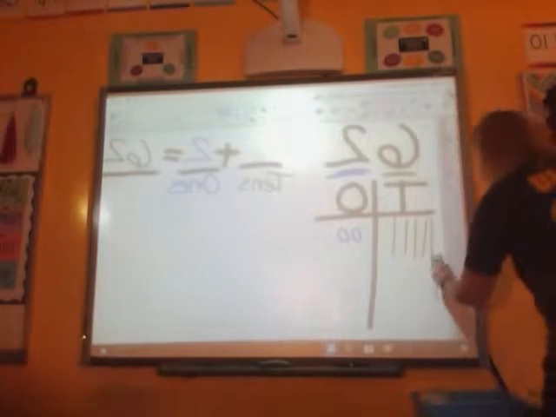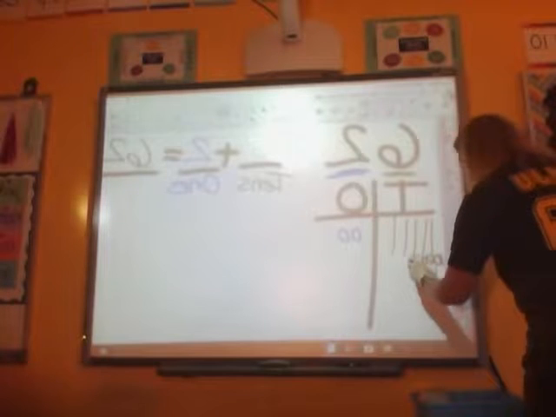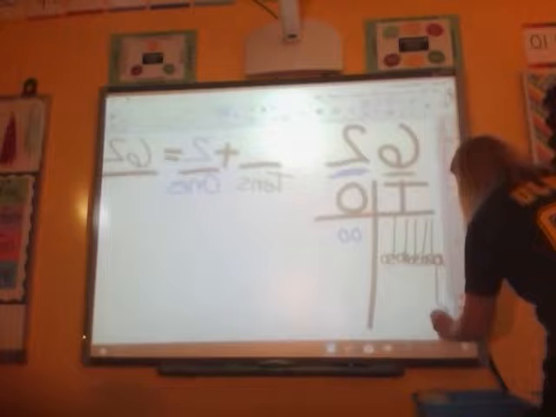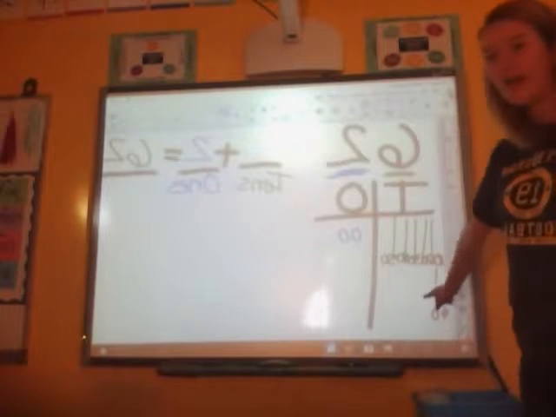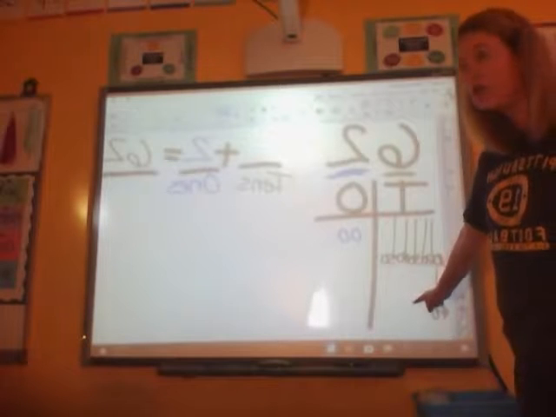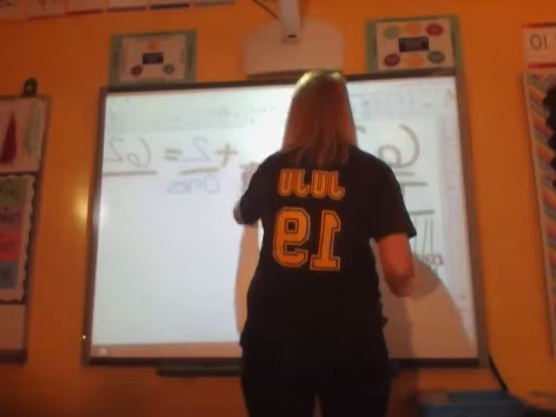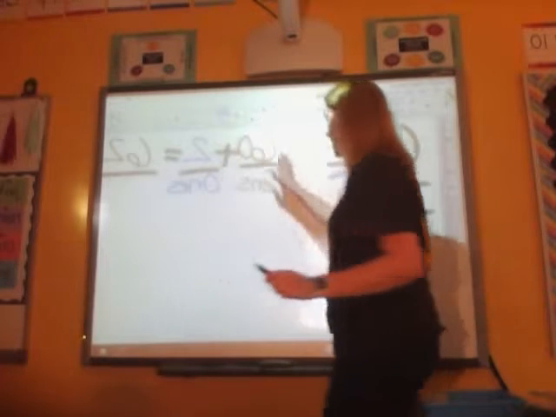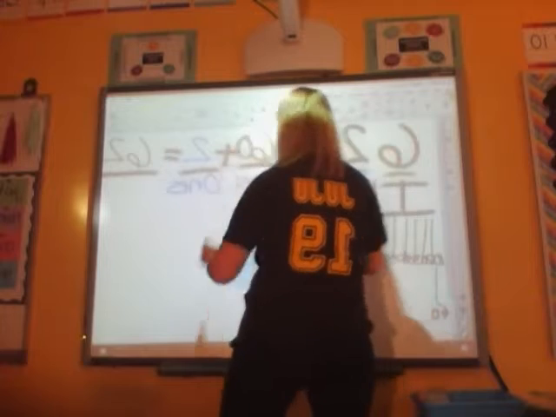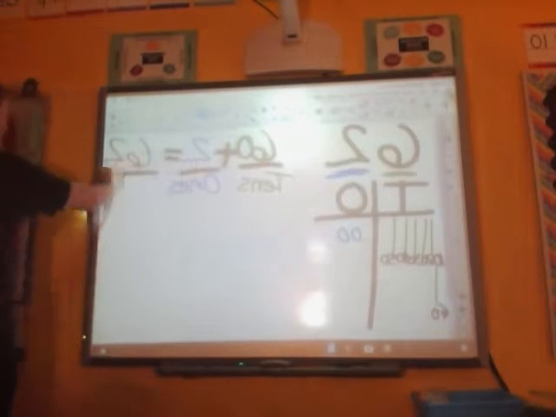So this would be 10, 20, 30, 40, 50, and 60. So who could tell me what the value of those 10s are? Brock. 60. The value of these 10s are 60, right? Let me write that in green. It's worth 60. So 60 plus 2 more is 62.